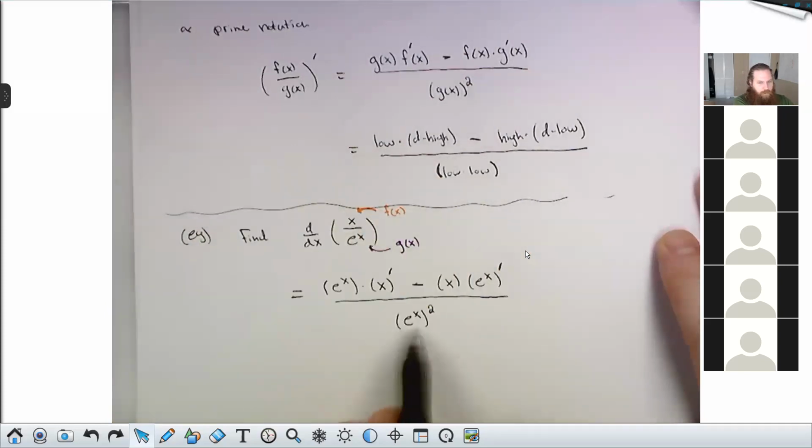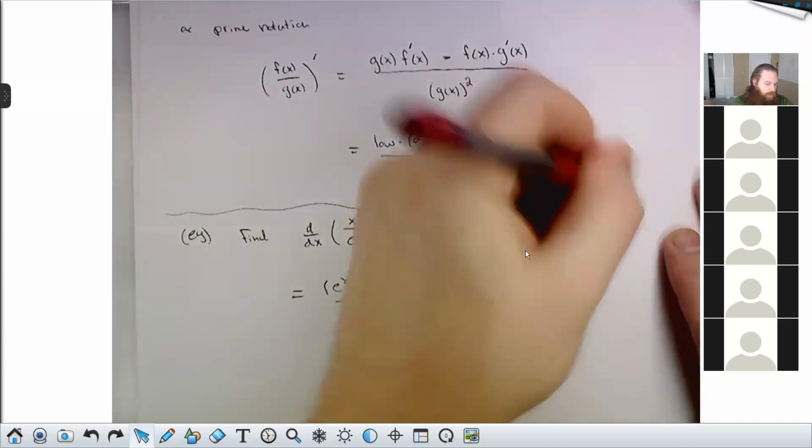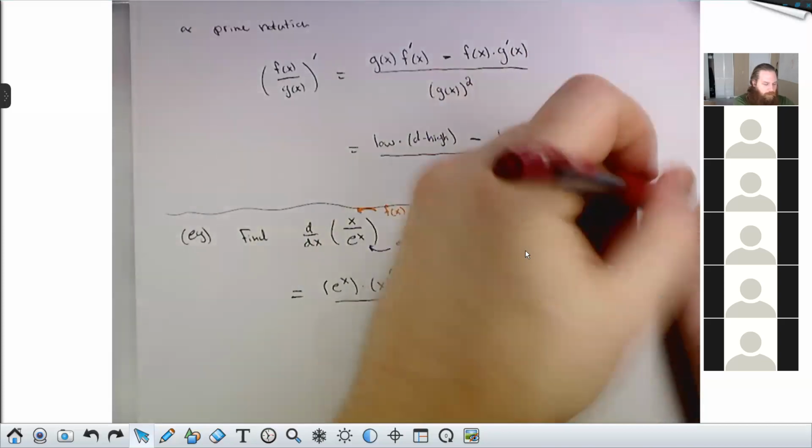And these parentheses, when you square something like e to the x, are important. So quick sidebar here. e to the x squared, this is kind of ambiguous.